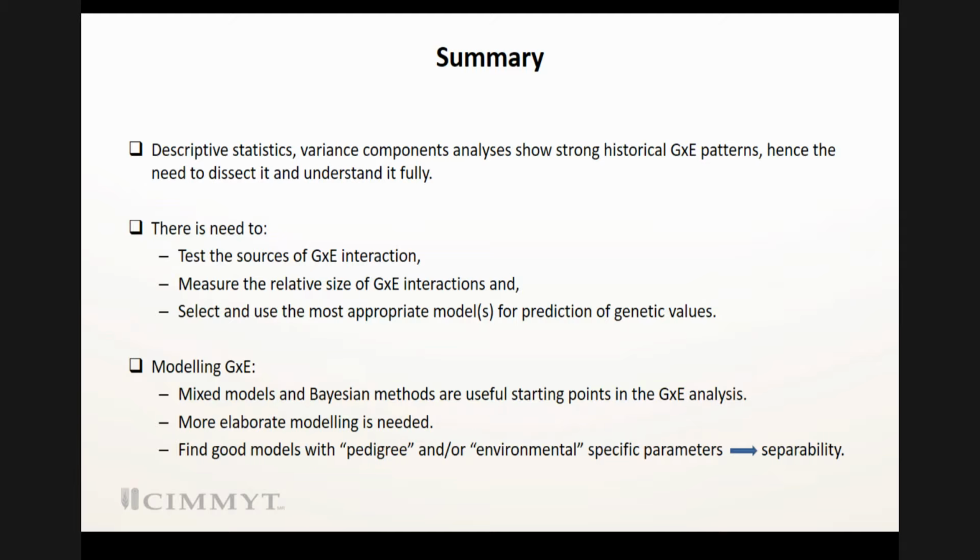So there is need to test the sources of G by E interaction, measure the relative sizes of this interaction, and select and use the most appropriate statistical models for prediction of genetic values and related analysis. There is need to model this G by E using the methods which I have described, which are the next stage in the analysis, and then find good models, which will include specific parameters like pedigree and environmental information.